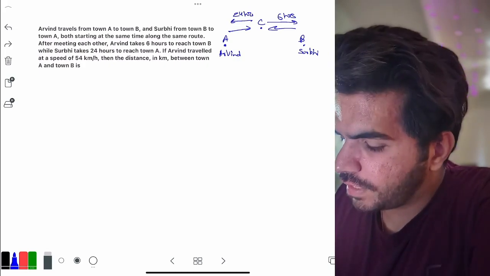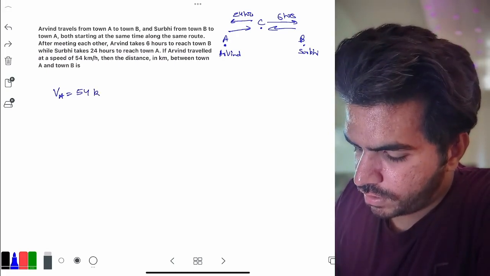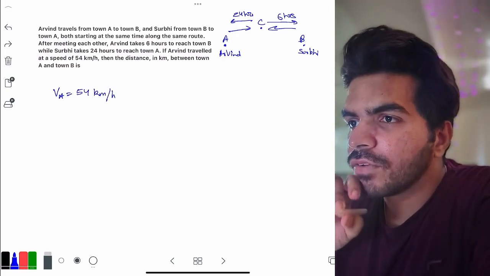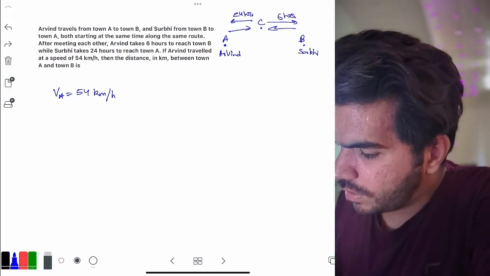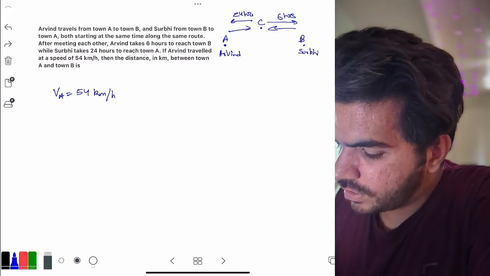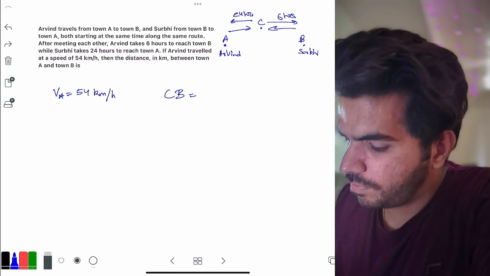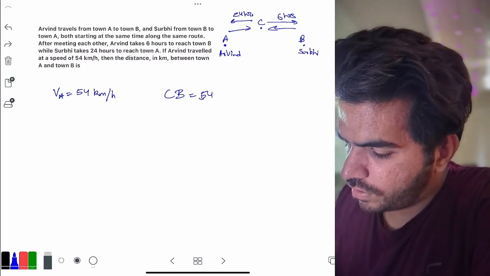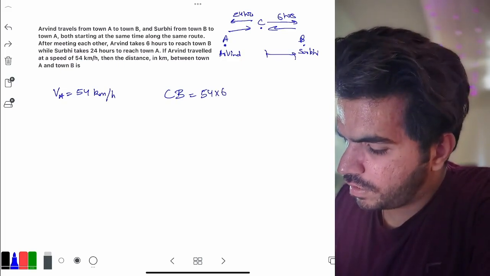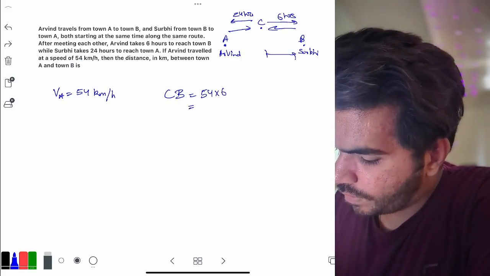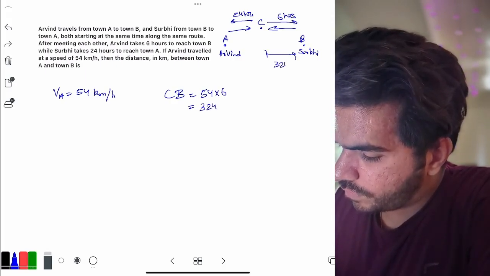Arvind's speed is given to be 54 km per hour, and the distance is being asked. To calculate the distance CB, we can directly use Arvind's speed, that is 54 into 6 hours, which is equal to 324 kilometers.